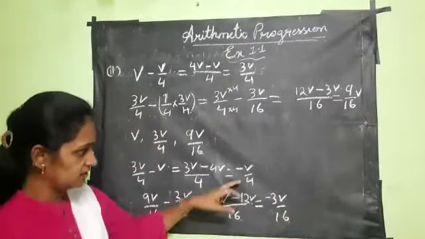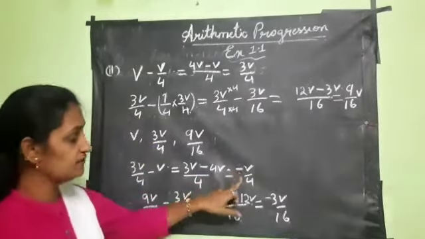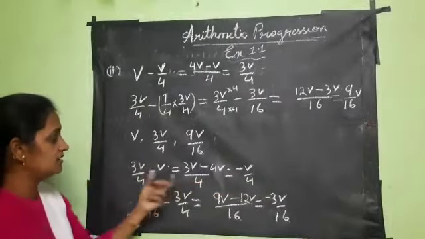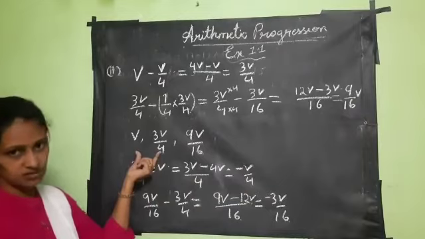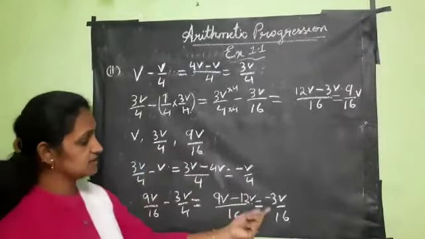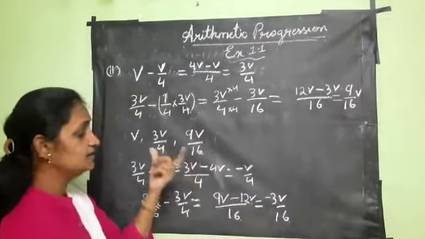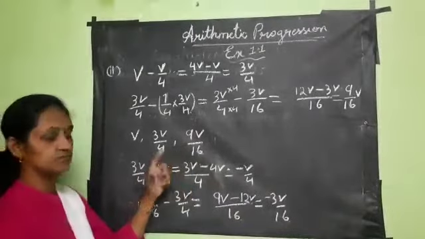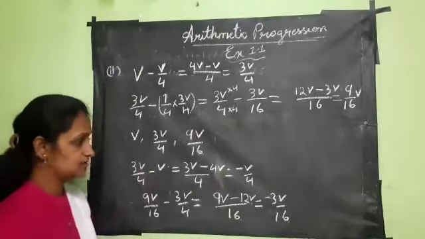So observe here, minus v by 4 is a constant when we had the difference between the two consecutive terms, and minus 3v by 16 is the constant when we have the difference between the next consecutive terms.